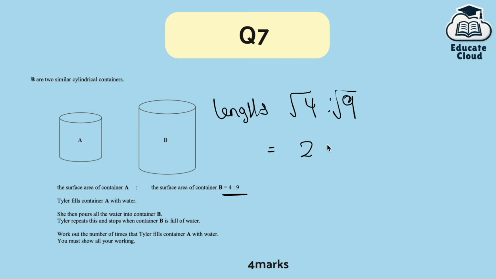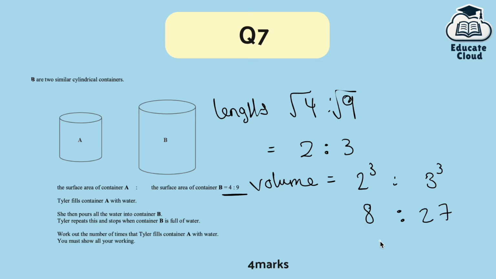So just in terms of lengths, it's going to be 2 to 3. And then the volume, you know the volume is cubed. So it's going to be 2 cubed to 3 cubed, which is going to be 8 to 27.